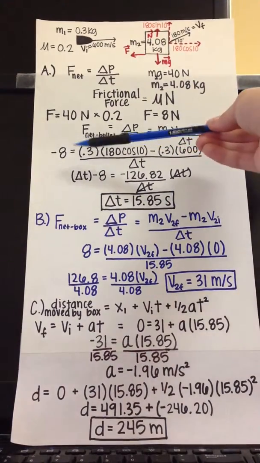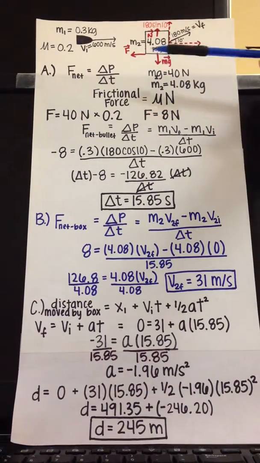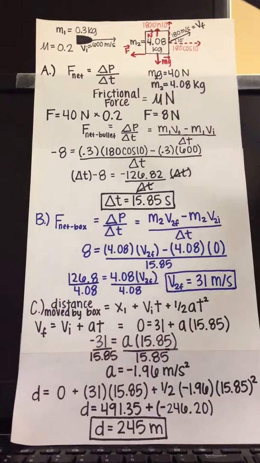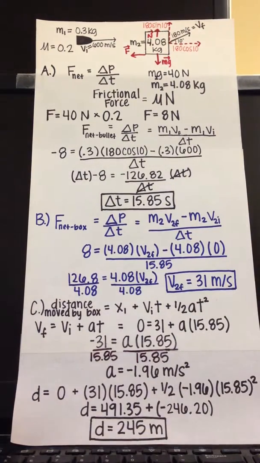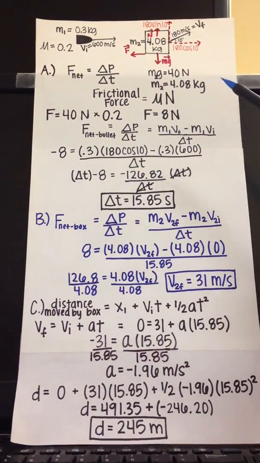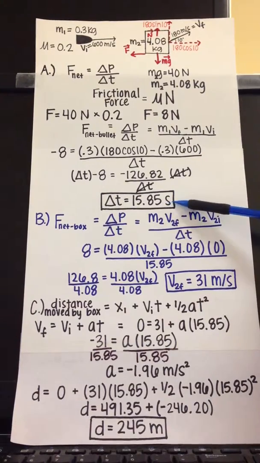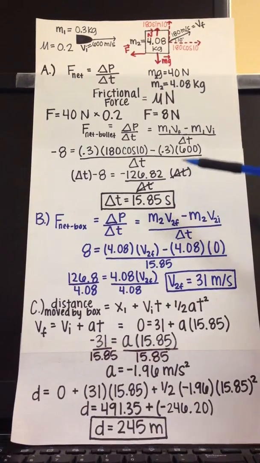And I set it equal to -8 because the frictional force is going in the opposite direction of the body that's moving, because it's moving with the bullet going the other way. So you have to make it negative. So I solved for the change in time, and I got that the change in time was 15.85 seconds.